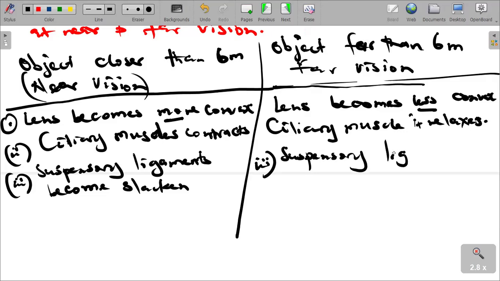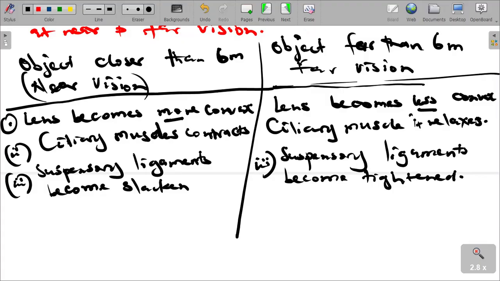The suspensory ligaments become tightened. That is what happens there.